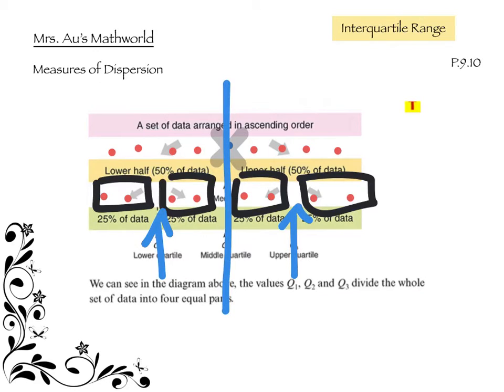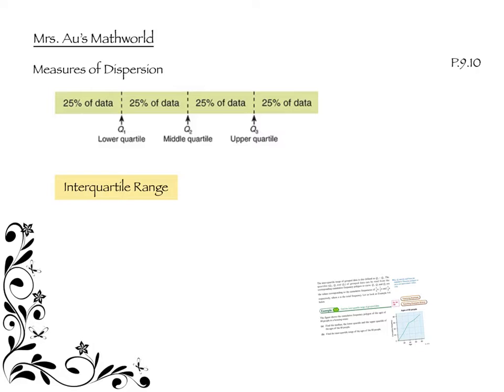So this is called the upper quartile, as you can see in the notes here. Lower quartile and upper quartile here, and the middle one we call the median. The interquartile range is defined by this length.